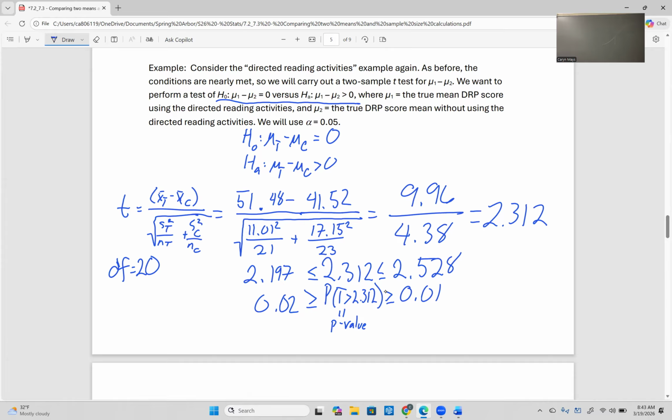We don't know from this method exactly what the p-value is. All we know is it falls somewhere between those two numbers. But anything between those two numbers is still on the same side of alpha, of 0.05. Are 0.02 and 0.01 bigger or smaller than 0.05?